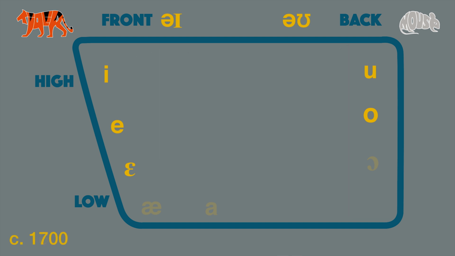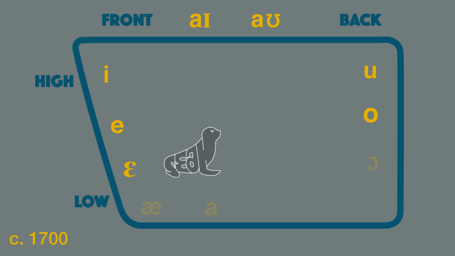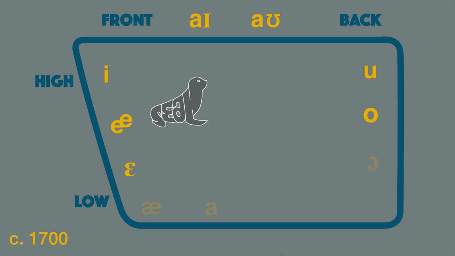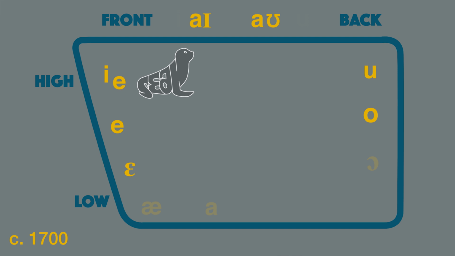Around 1700, the diphthongs oi, tiger, and mouse, with schwa as their first element, changed to a diphthong with a, which is what they are today, tiger, I, and mouse, ow. Next, the phoneme that began as sail, and later raised to sail, was raised yet again to seal.